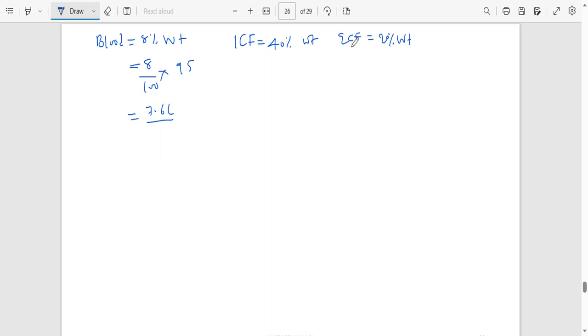So you can see that ECF is smaller than ICF. If we add ICF and ECF, it should give us the total body water, which is 60%. Now, specifically, we want to find for the baby. So ICF of the baby is going to be 40% of the weight. We know that the baby's weight was 5 kg. So that will be 40 out of 100 times 5, and that is going to give us about 2 liters.